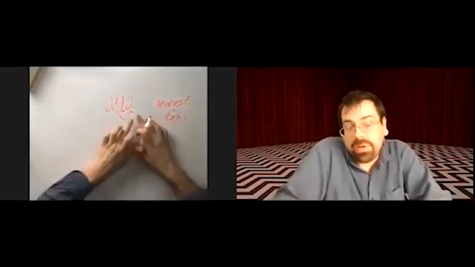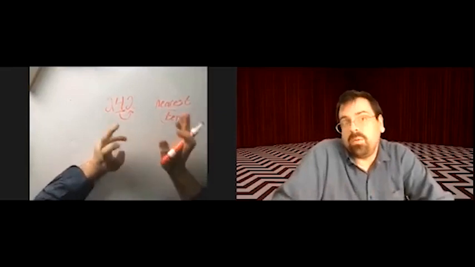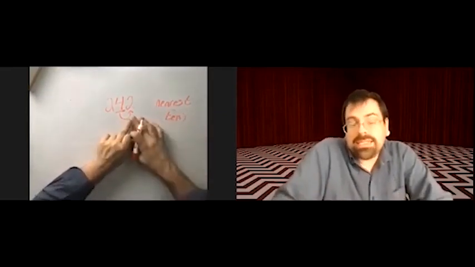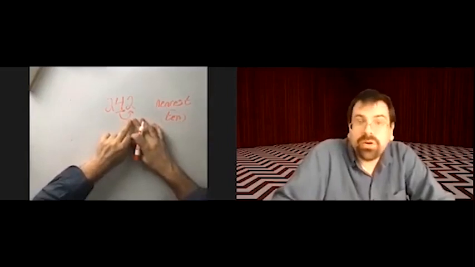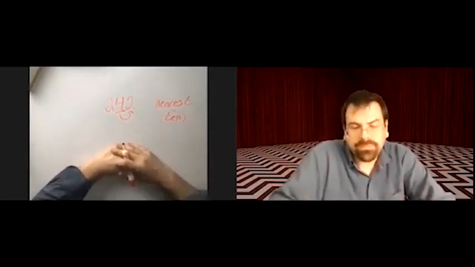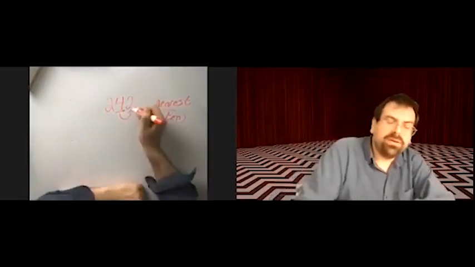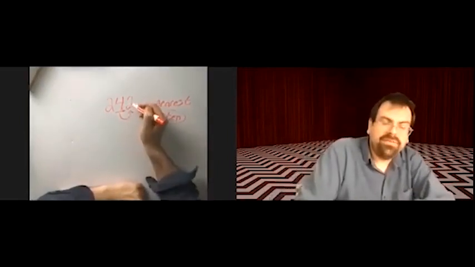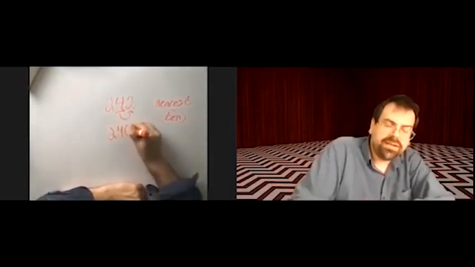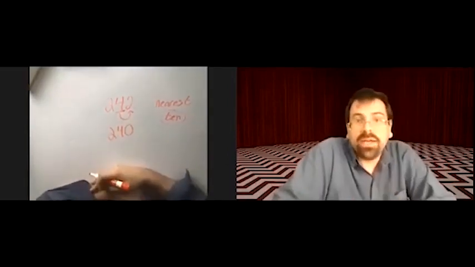A 5 or above in the spot to the right rounds up. A 0, 1, 2, 3, or 4 rounds down. So here we have less than a 5. So 242 goes to the nearest 10, which would be 240.